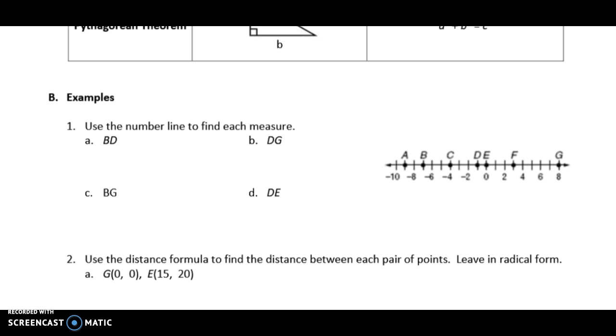So BD, starting at B, which is -7, going to D, which is -1, it's a distance of 6. I started at B, went to D, and counted 1, 2, 3, 4, 5, and 6. Repeating that process, go ahead and try B, C, and D.